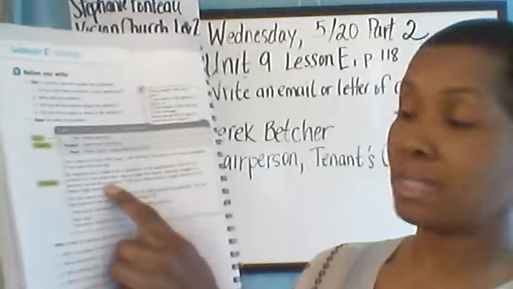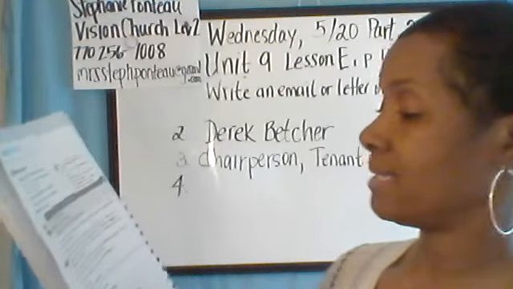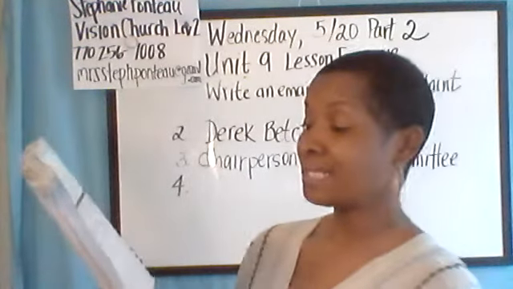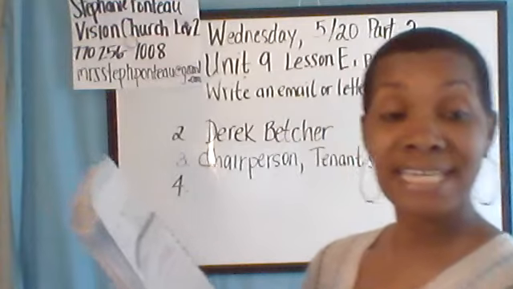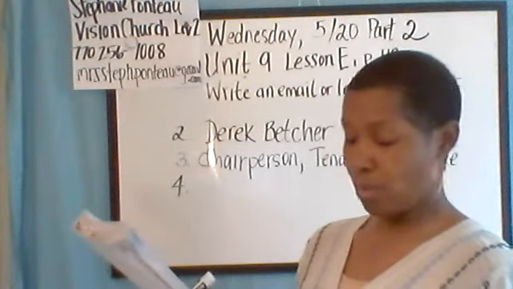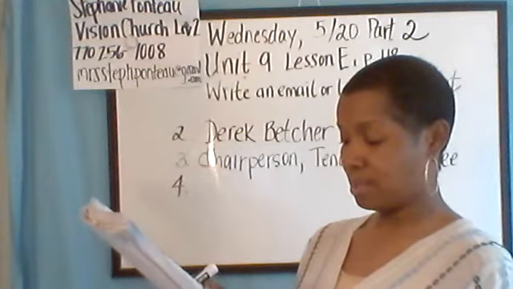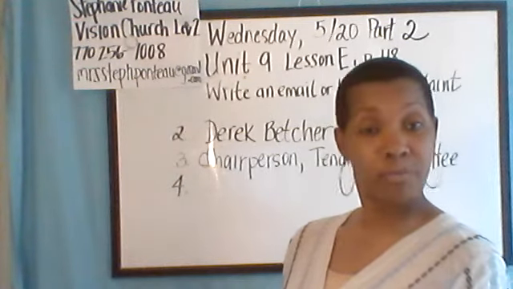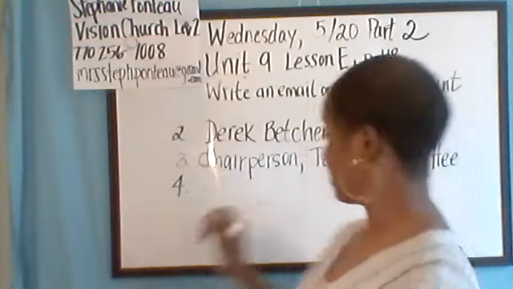Let's see, can you see that? Yeah, the second paragraph in the second sentence says the list of problems is in the attachment. So question 4, what is in the email attachment? The list of problems in the apartment.